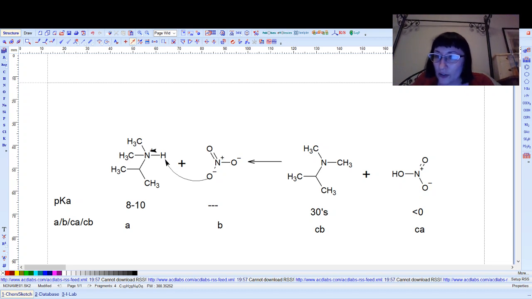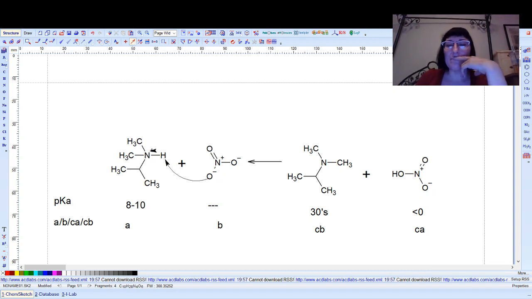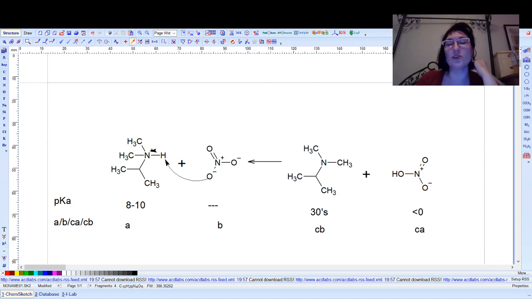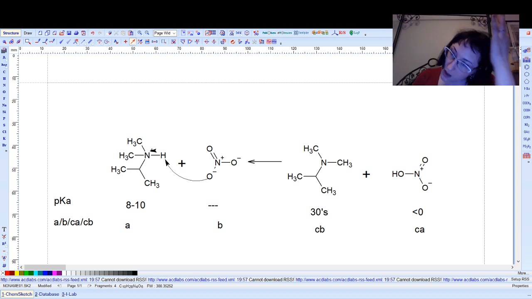Should we be able to predict the numerical pKa? No. As far as the numerical pKa goes, you basically have to experimentally determine what that is for any given molecule.